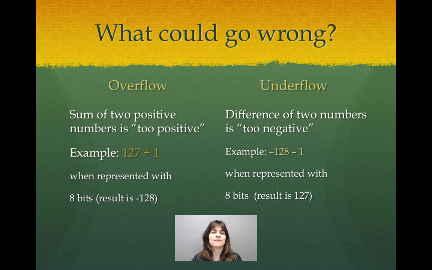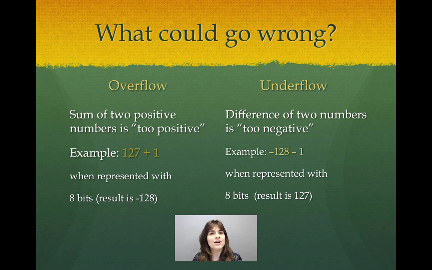We already said it will be minus 128. What happens when I try to represent an even more negative number, an even smaller number in the system? So I go and subtract 1 from minus 128. Then I will not get the correct result.